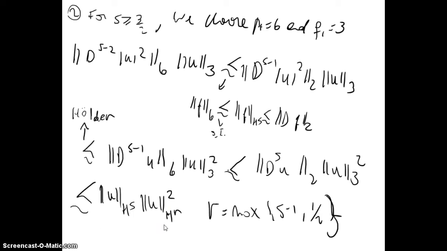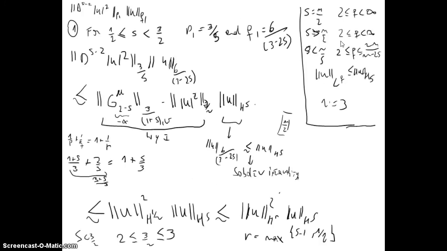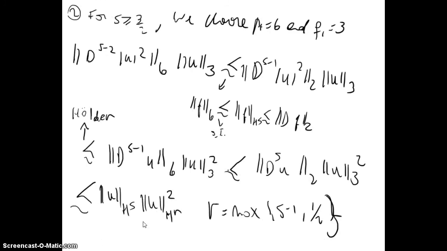And we can use Sobolev here. Now we are in the case where this can be applied. We are in s greater than 3/2, so in this case q can be 3, and this s is greater than 3/2, then we can have this r.